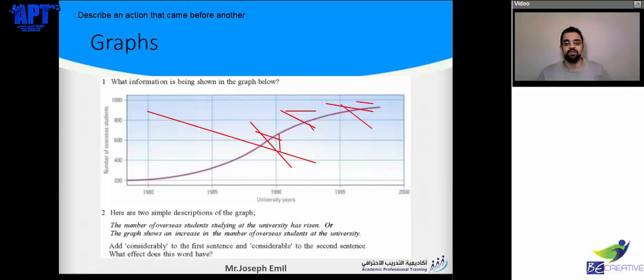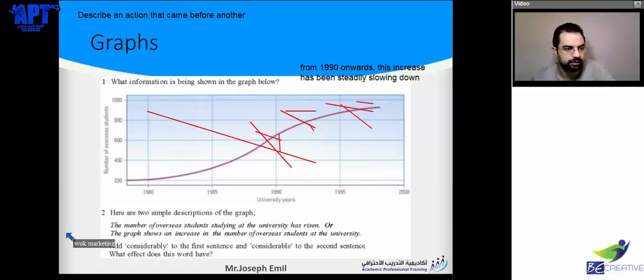And from 1990 onwards, this increase has been steadily, shall we say, slowing down. Alright? Something like that. So, considerably to the first sentence and considerable to the second sentence.